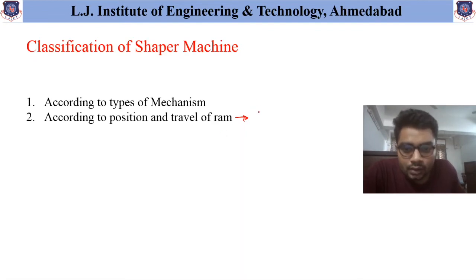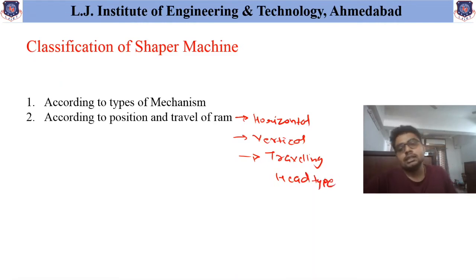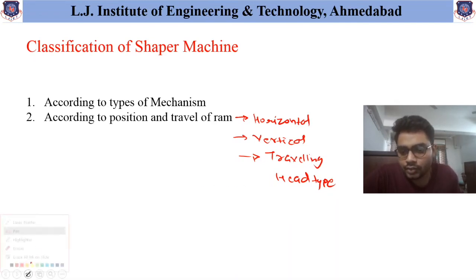So according to that, it may be classified as horizontal type, it may be called vertical type, and it may be a traveling head type. So this is another classification according to the position and travel of the ram.